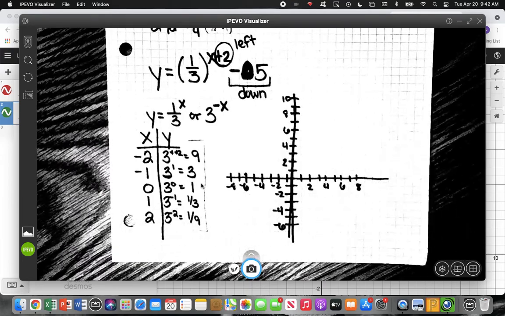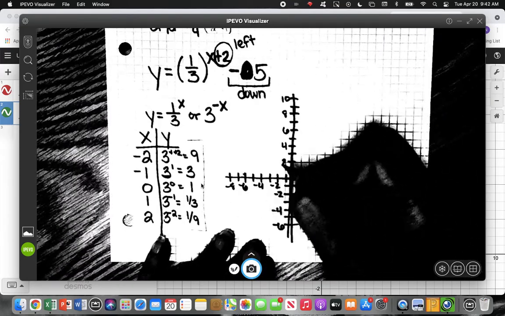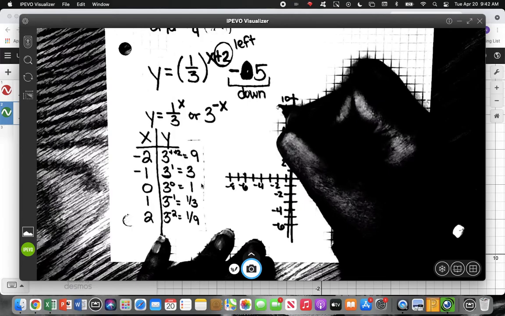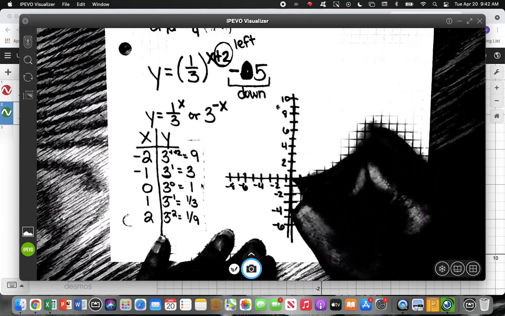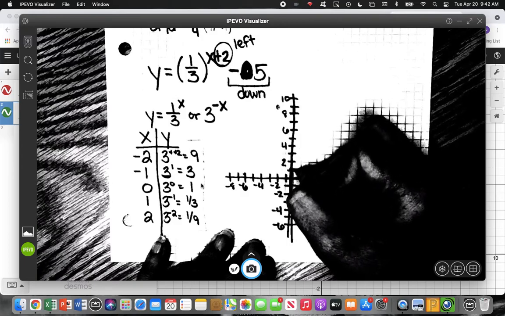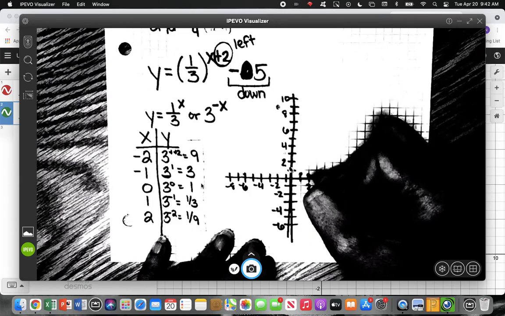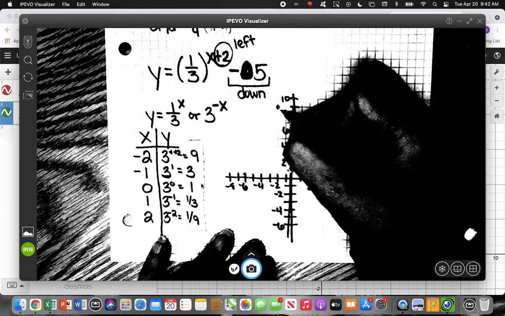So my first point is -2, 9. Then -1, 3, 0, 1, and then I got a 1/3 and a 1/9. Really close to 0.